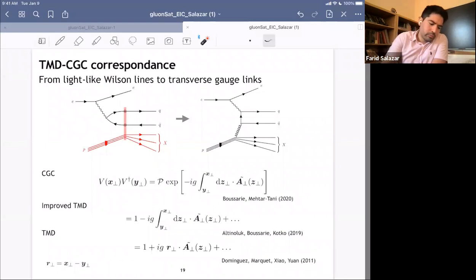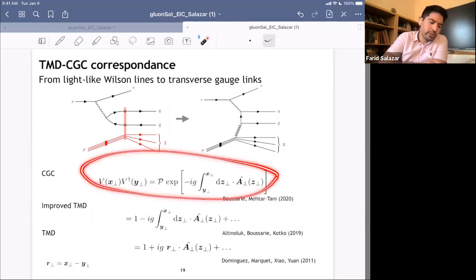And in these past years, it has been realized how to do this in a more general way, in which this connection between CGC amplitudes and TMD amplitudes has been shown to hold, at least at leading order. There is an exact correspondence.